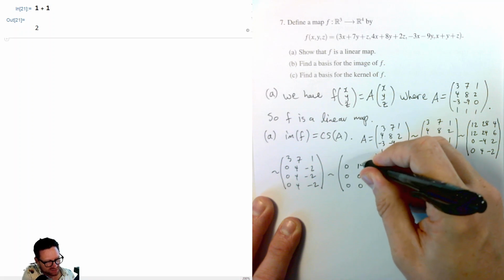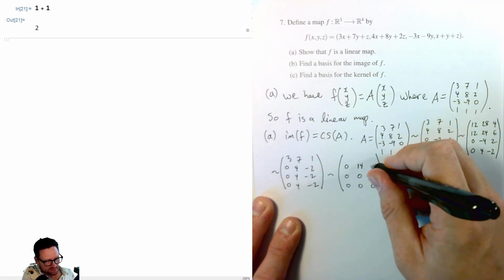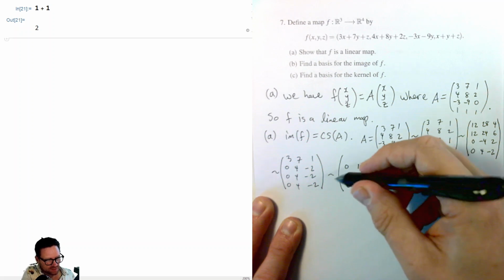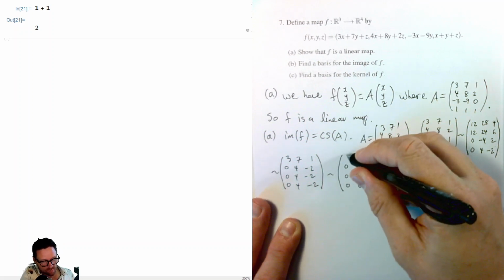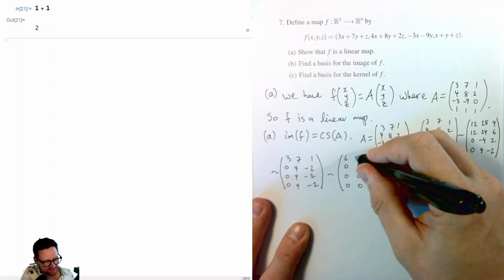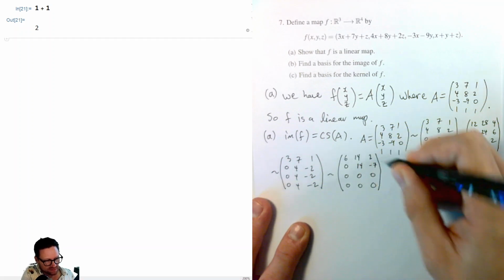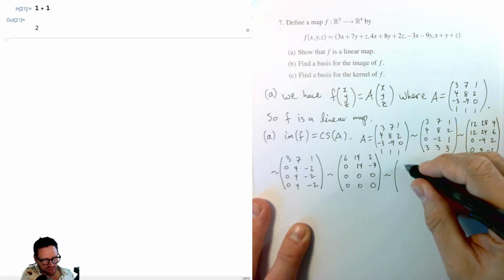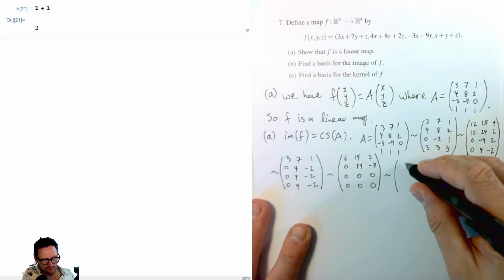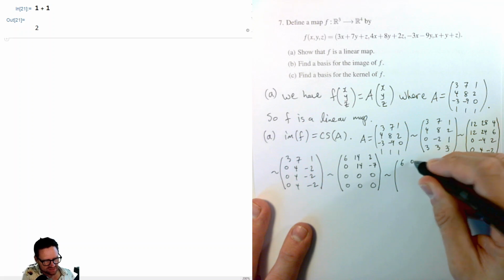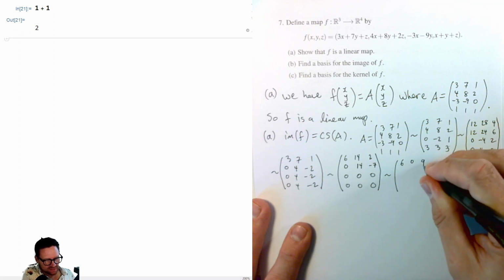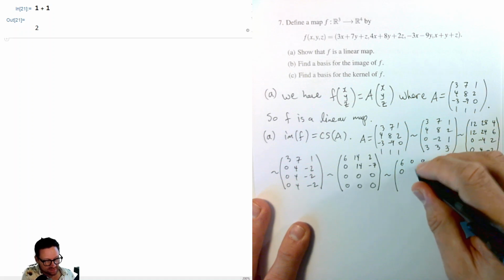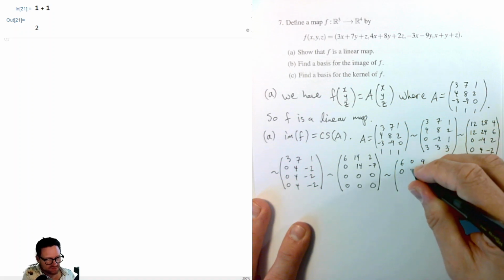So 0, 14, minus 7. And then we'll replace row 1 with twice row 1. So 6, 14, and 2. Now row 1 will go to row 1 minus row 2, so 6, 0, 9, and we'll replace row 2 with 1/7 of row 2.